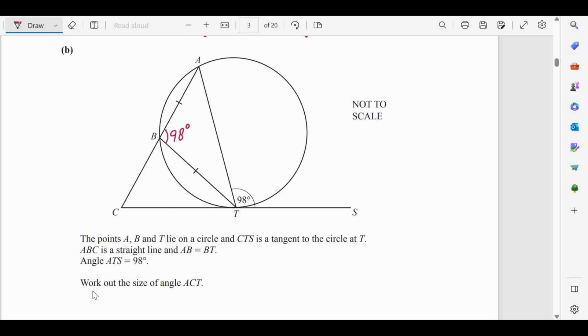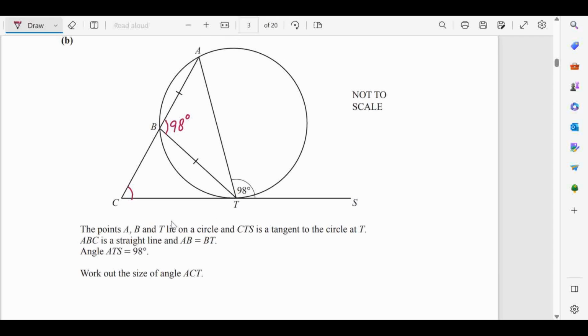So we need to work out the size of the angle ACT. We need to find this angle ACT. Now let's find these two angles. This angle is, let's say, x, and this angle is also x, because this is an isosceles triangle.